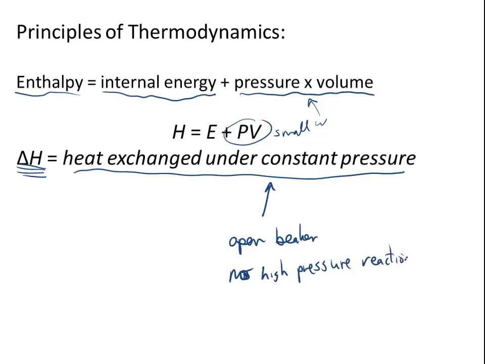It's hard to do chemical studies under high pressure just from the point of view that you need specialized equipment to withstand that pressure, and also it's dangerous because things under high pressure can explode. And so most chemical studies are done in situations where pressure can be released and stays constant, and enthalpy change is defined as the heat exchanged under constant pressure.